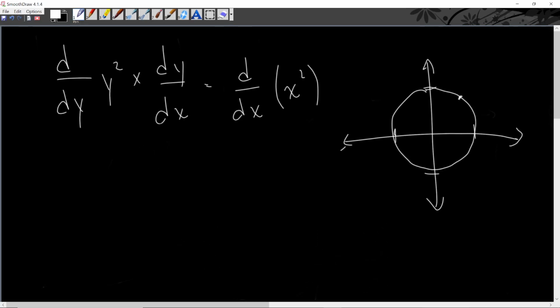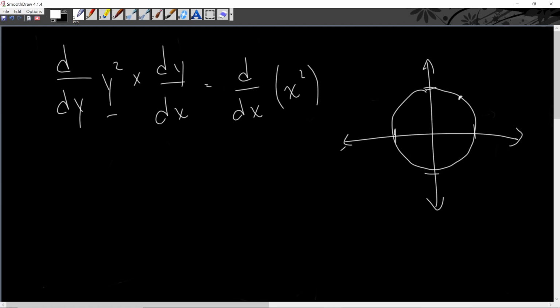But that's why we have to have this dy dx out here when we are differentiating this. Because we are differentiating this function of y, which we haven't explicitly defined as a function of x, but we are going to differentiate with respect to y so that we can multiply that derivative with respect to x.